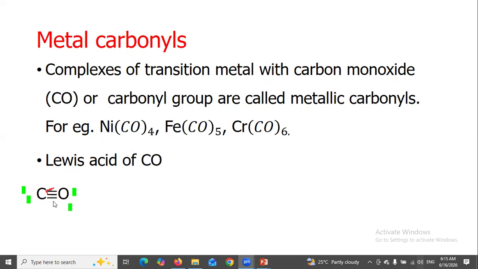Carbon monoxide has a lone pair of electrons. It also acts as a Lewis base, and it also accepts electron pairs by back bonding.